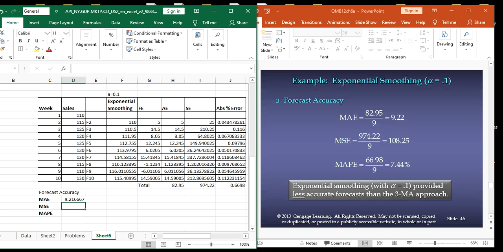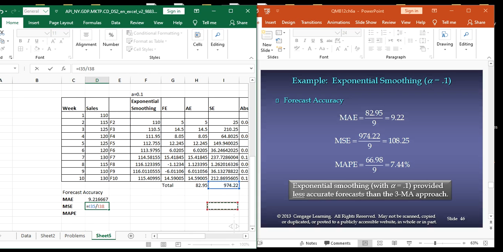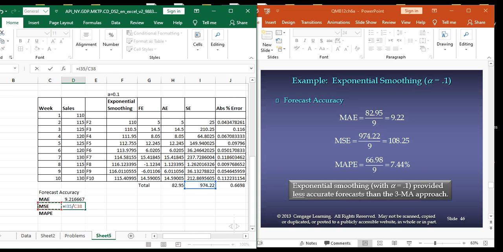Same here, the sum of them divided by nine, and that will also be 0.744. So okay, we used this one.